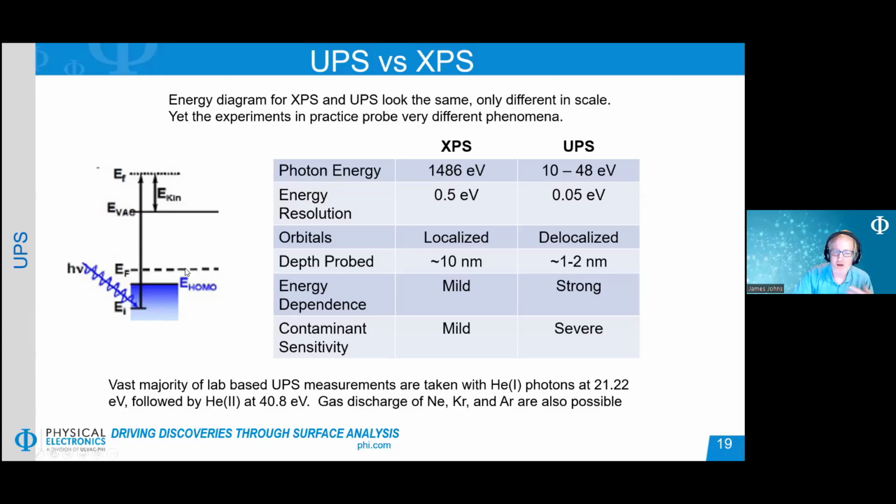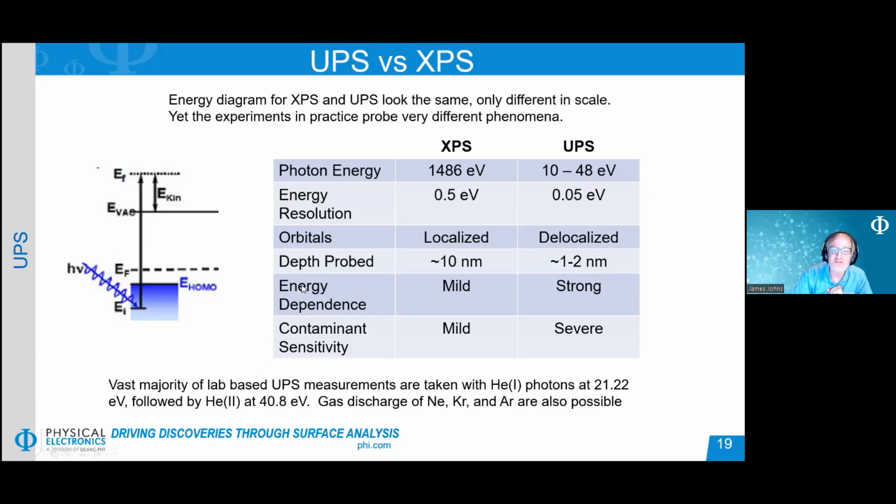XPS has a larger information depth, typically roughly 10 nanometers, whereas UPS has a much smaller information depth, around 1 nanometer or so, just a couple of layers at the surface. And that's because the inelastic mean free path of these lower energy electrons is much smaller.